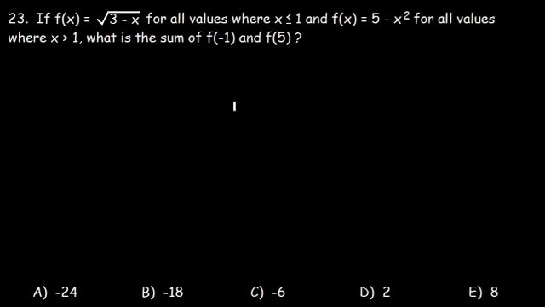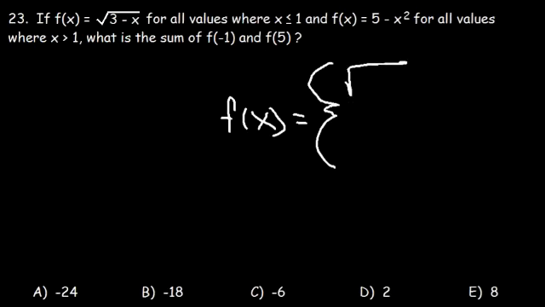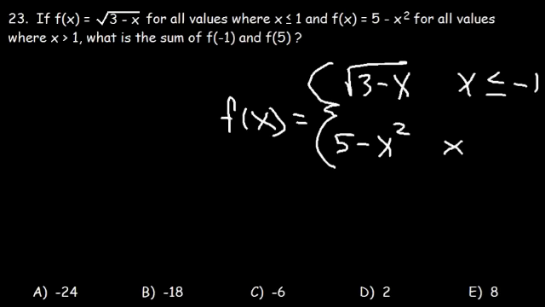The function f of x can be broken into two pieces. It can equal the square root of 3 minus x, and it can equal 5 minus x squared, depending on the value of x. So the first equation is true when x is equal to or less than 1, and the second equation should be used when x is greater than 1.